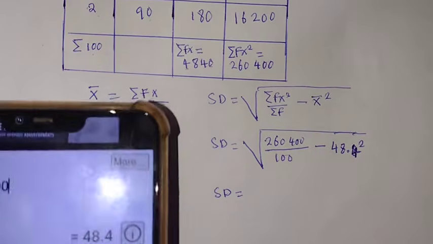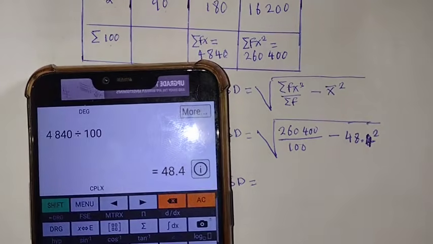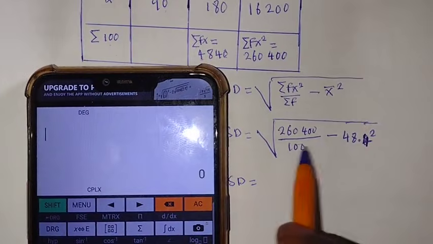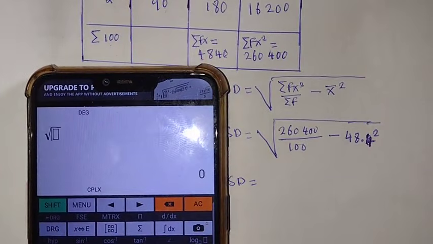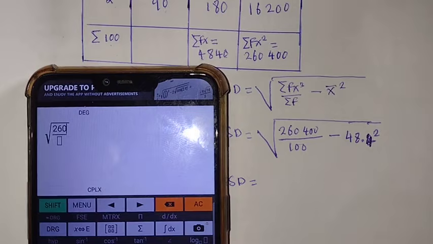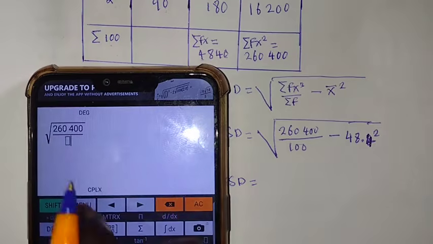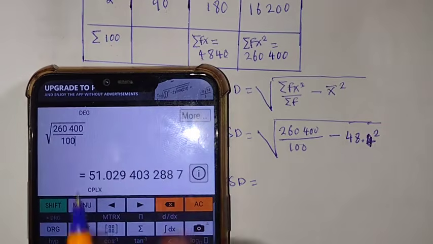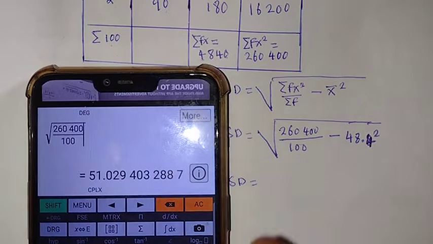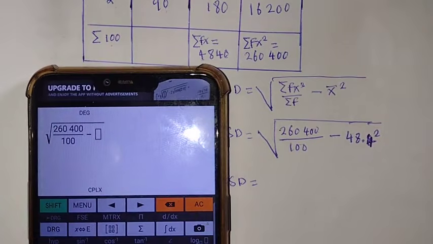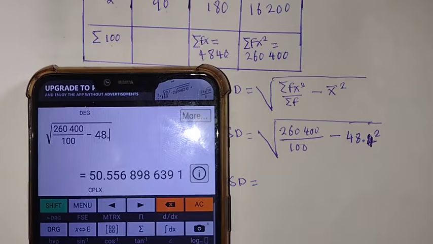Now we can punch on our calculator. Remember, we are punching this on the calculator. We have 260,400, then we divide by 100. Then minus 48.4 squared. You have seen this is the answer here.